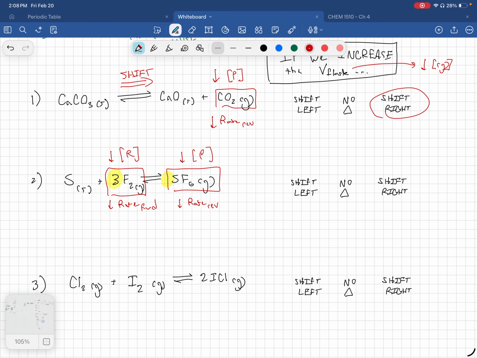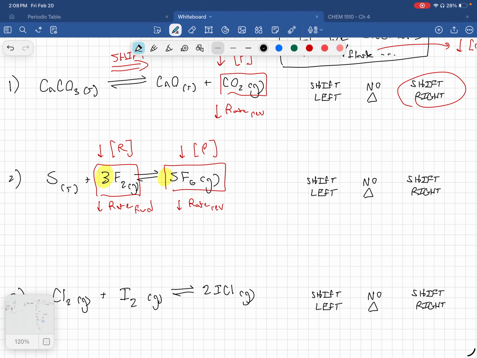our coefficients. N, right? N for our products is 1 mole of gas. On our product side, per mole of reaction, 1 mole of SF6 is formed. On our reactant side, we have 3 moles of gas.